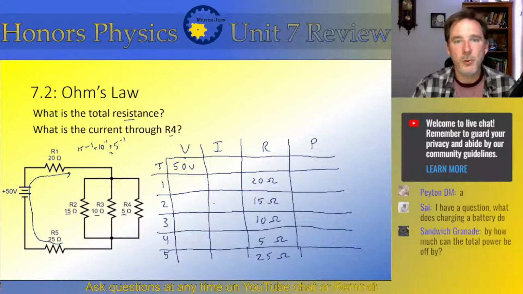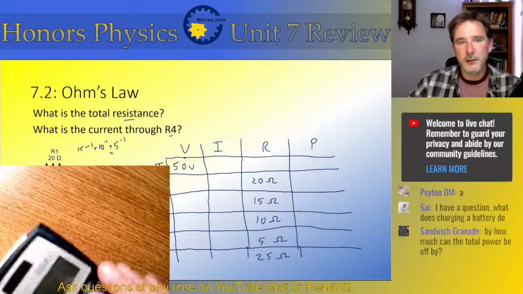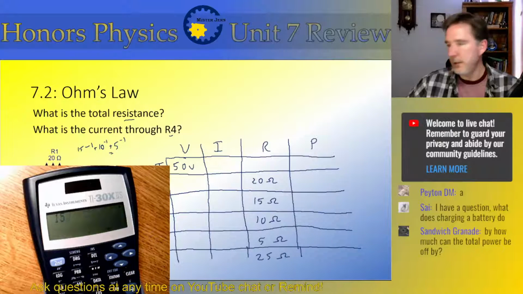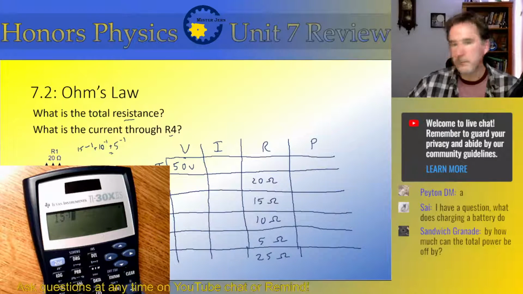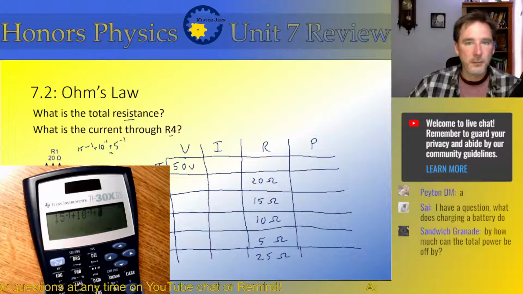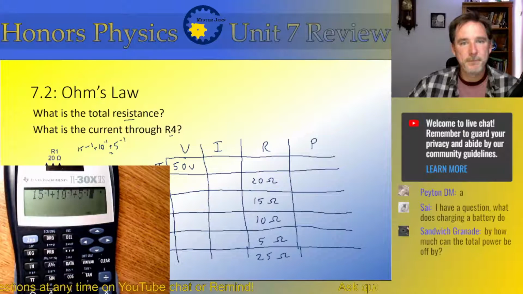And I'm going to do the whole little thingy. Good thing I wrote that up there, otherwise I wouldn't be able to see what I'm doing. So 15 inverse, not squared, plus 10 inverse plus 5 inverse, okay?